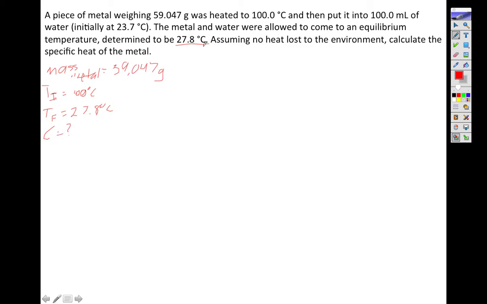So to do this, we're going to use the equation Q equals MC delta T. But I don't know a Q either, at least at this point. So I have two unknowns, so I can look at the rest of my information. I know that I put it into 100 milliliters of water.